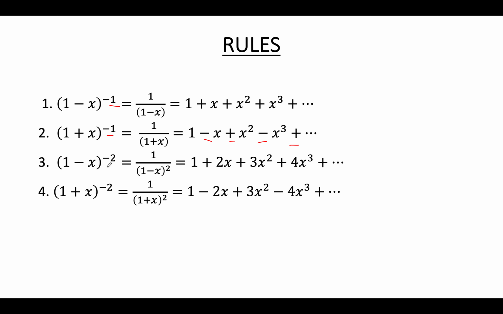For the power minus 2, we can see here it increases by 1 each time. So 1, 2, 3, 4, 5, 6, etc. If it's minus inside, then all terms will be plus in the series form. However, if it's plus, then we can see the alternating sign here, which is minus plus minus plus.